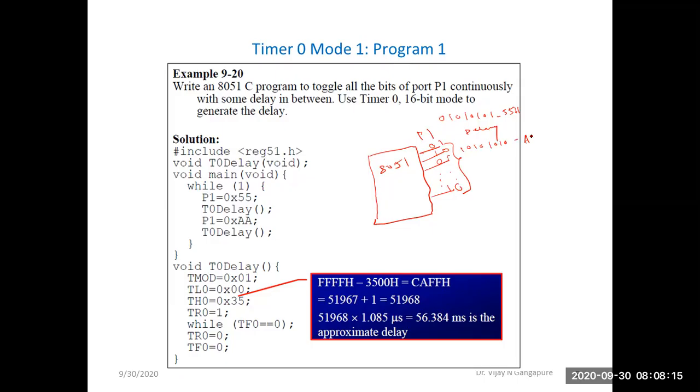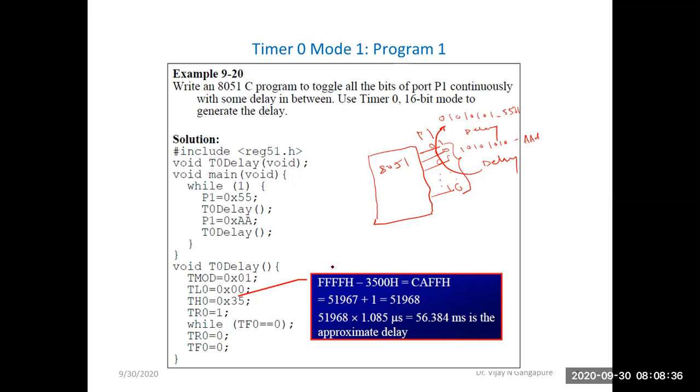In hex it is AAH. After that again I have to call some time delay by using timer 0 in mode 1, and repeat this. Again I have to go to the first step, output 55 to port 1, and this should happen continuously. So that is the problem.